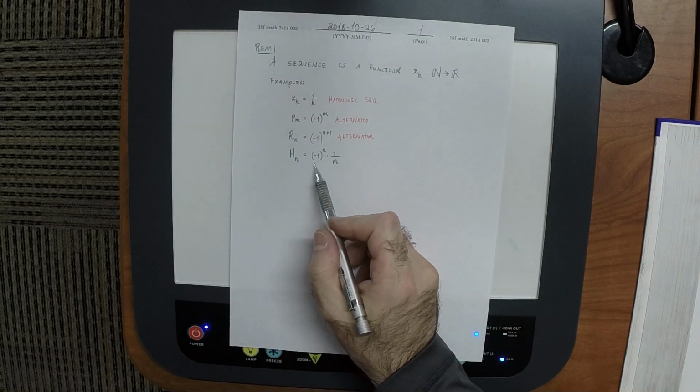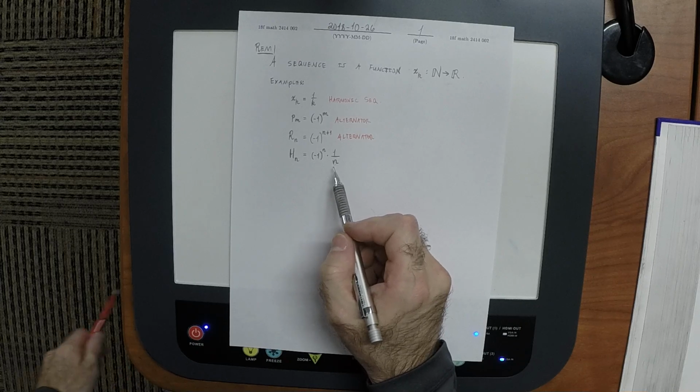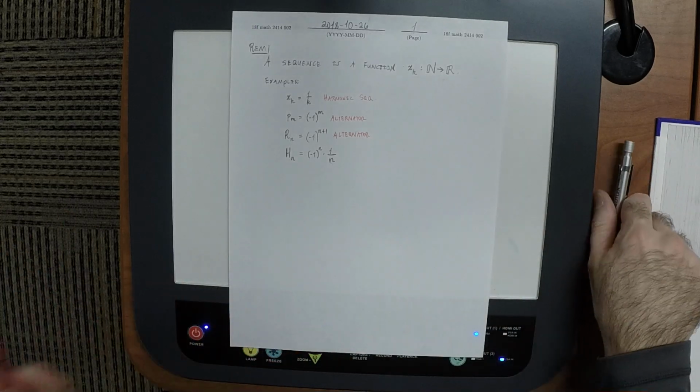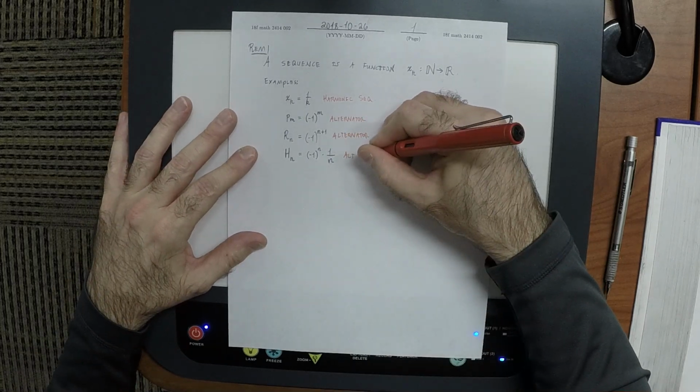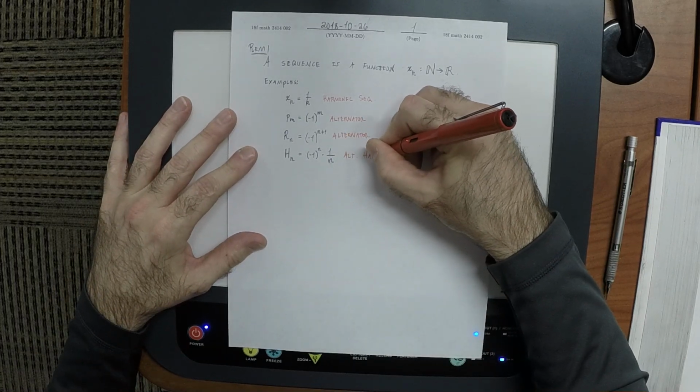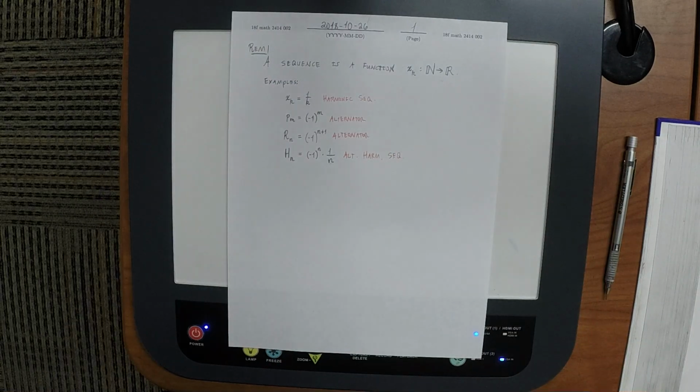That's an alternator, and that's the harmonic one. So what's the name of this one? Yeah, alternating harmonic sequence. All right, so there's lots of sequences.